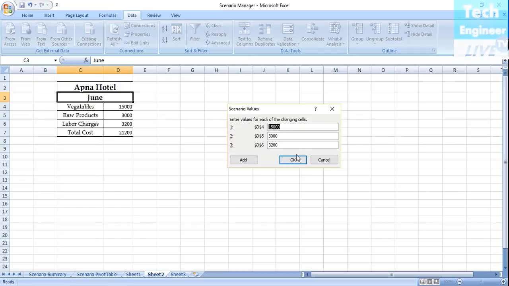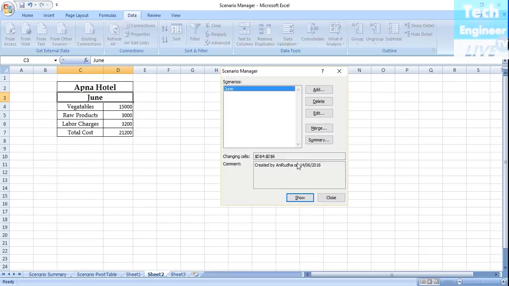The price will remain the same because we already know the conclusion of those amounts: 15,000, 3,000, 4,200. This is what exactly we have paid. So we already know what the scenario was.